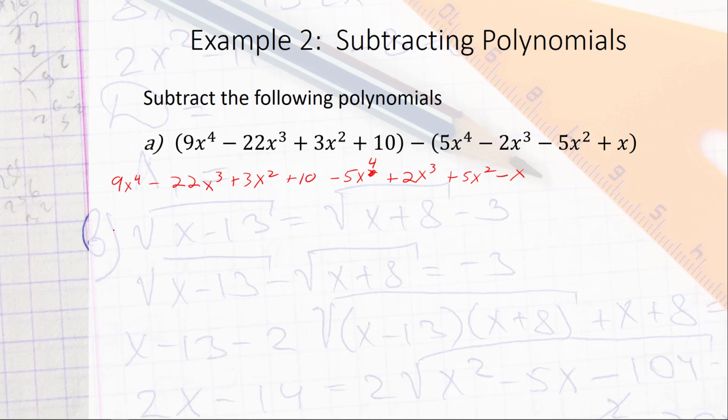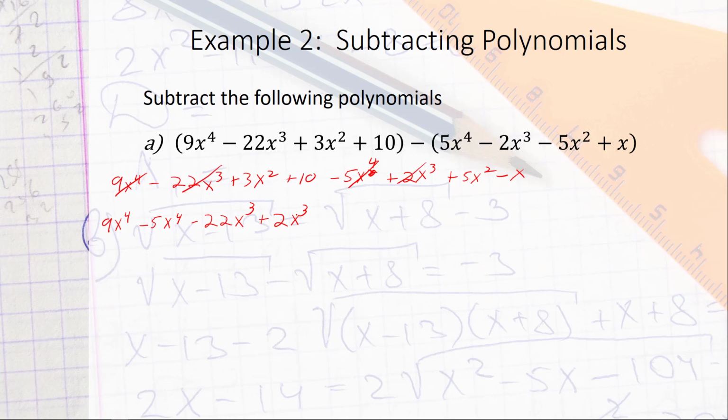So we have 9x to the 4th minus 5x to the 4th. So let me be taking care of these. Now we have negative 22x cubed plus 2x cubed. Okay, so we've taken care of those.